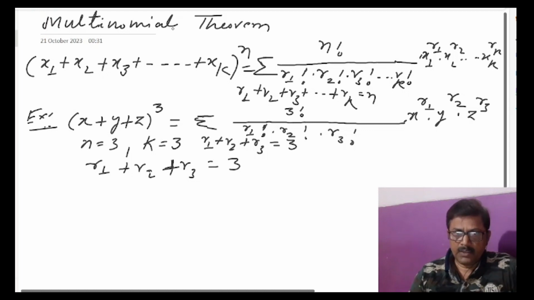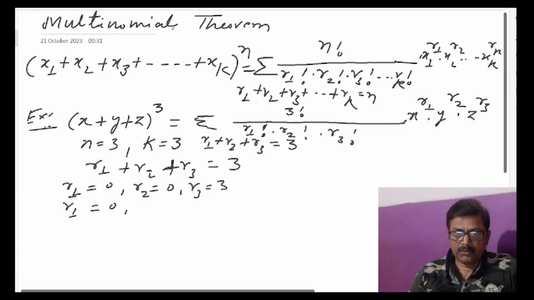Okay. So first of all, I take R1 equal to 0. Now suppose R2 is also 0. R1 0, R2 0. So R3 will be what? R3 will be 3. Okay.